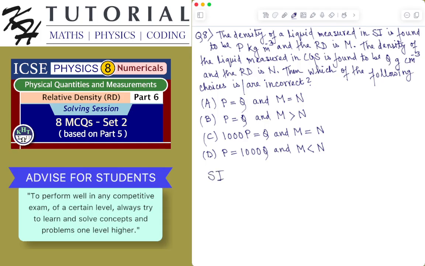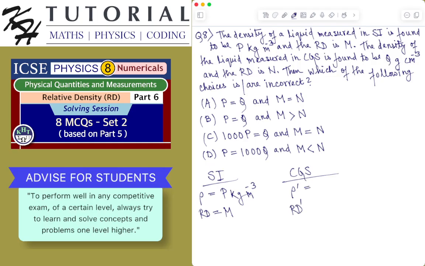For the SI, the density is P kilogram per meter cube, and the relative density is given to be capital M. For the same liquid, let's say for the CGS system, I'm denoting the measured density to be rho dash, and the measured relative density to be RD dash.